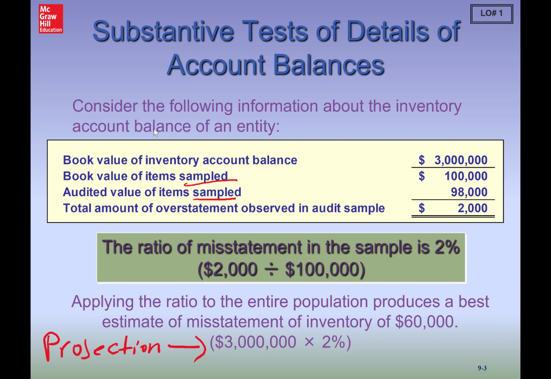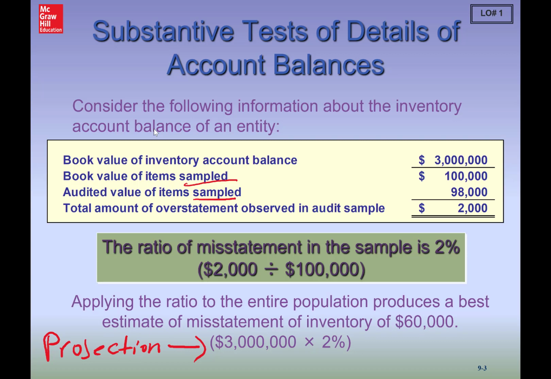We have a book value of, say, inventory. We have the book value of the item sample, say 100,000 is what they're recorded at in the books. We do an audit of those, and we find that the audited value is 98,000. So since we performed a procedure, we looked at some supporting invoice or cost information associated with those inventory items.